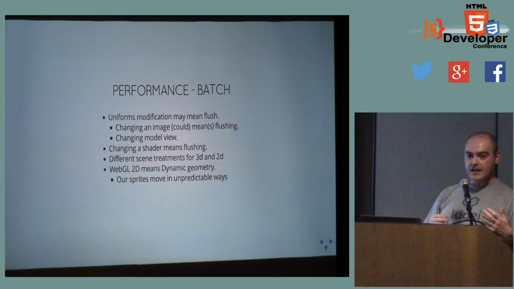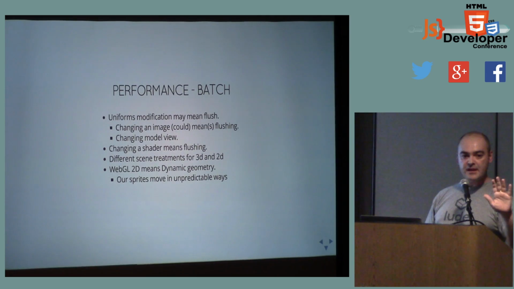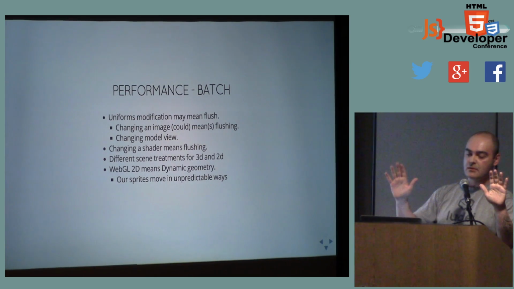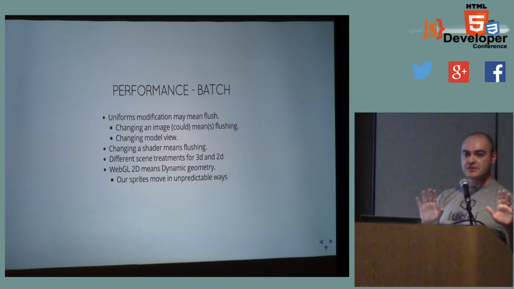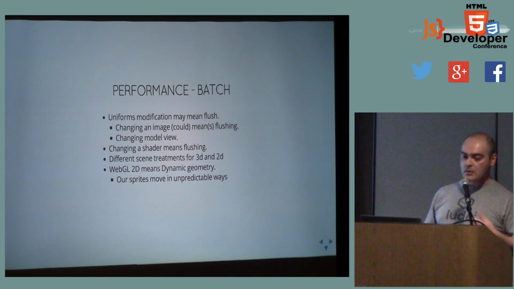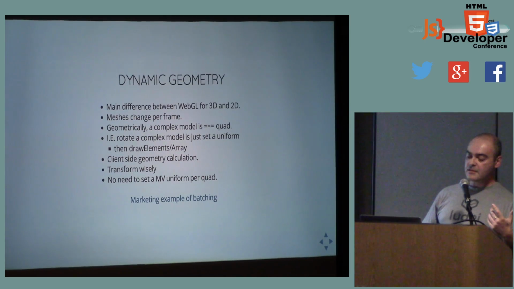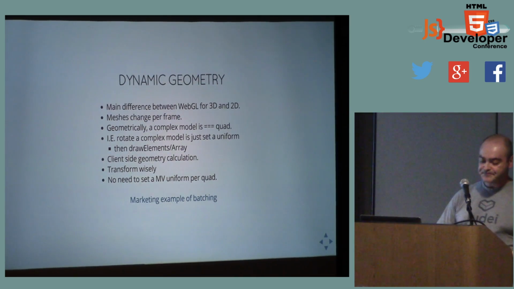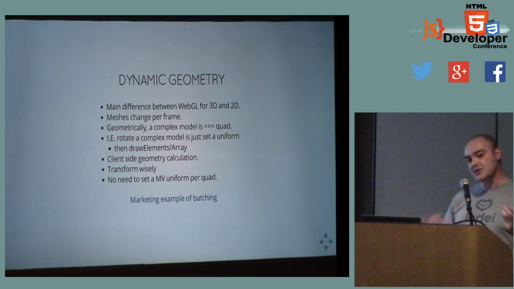And the other thing is that if I'm using color for drawing things and suddenly I'm going to change that and use a texture or something different, I must change my shader program, and that is also a source of batching things. So what's the point? In 3D, what we have is static geometry.